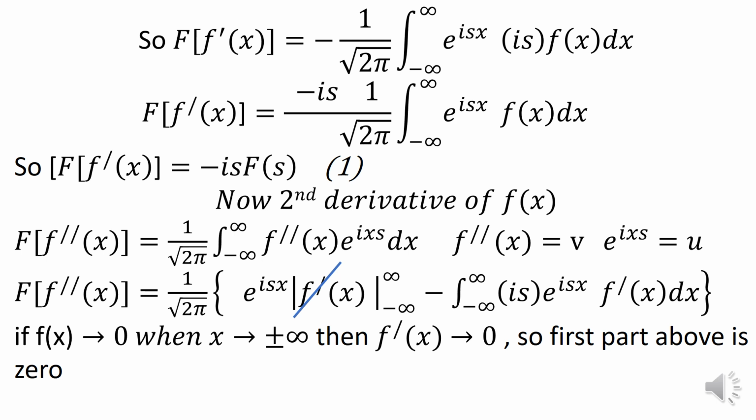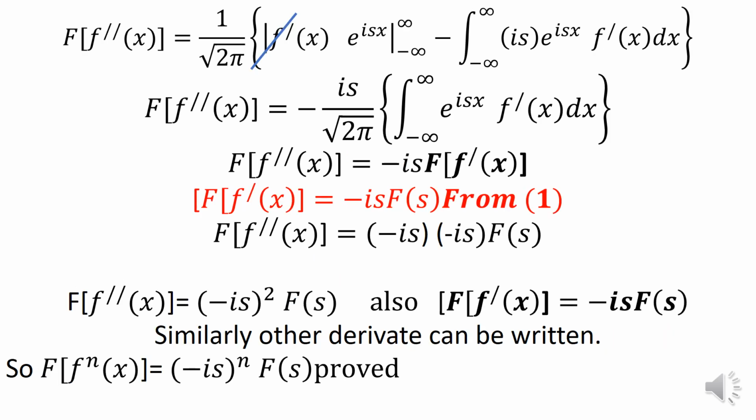If f(x) tends to 0, then f dash x will also tend to 0 when x tends to plus or minus infinity. So the first part will be 0 because this part is 0, and only this part is left.